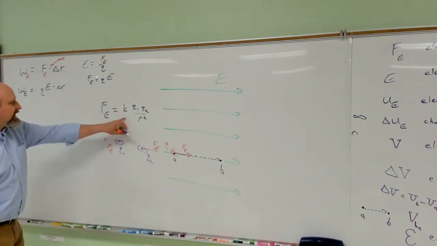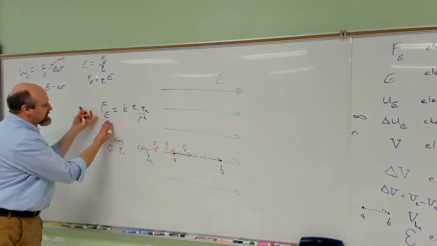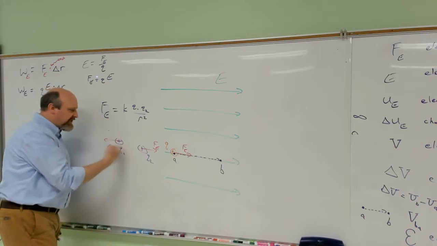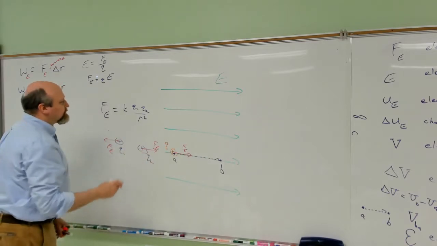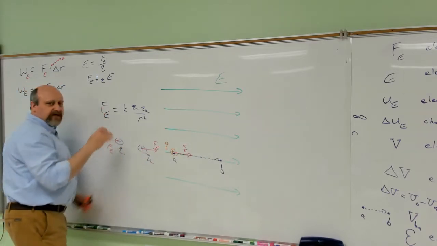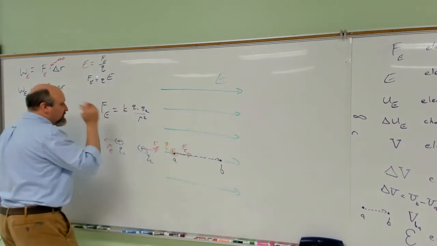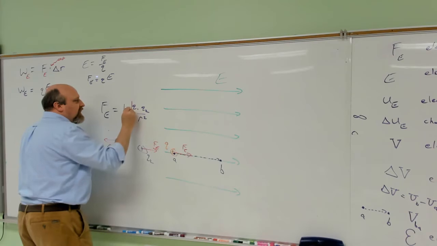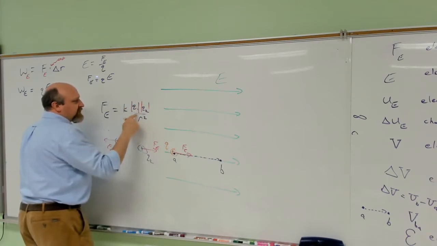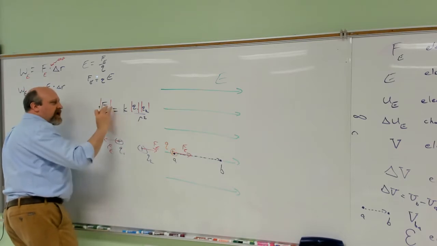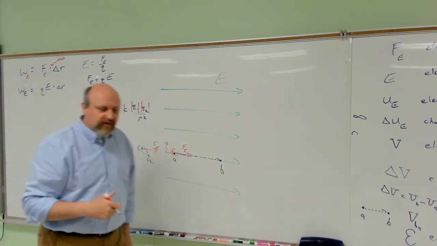This equation can't tell you both directions at the same time, right? Whether a force is positive or negative, it tells you direction, but it can't do both at the same time. So we recognized that this equation can only tell us the magnitude, the size of the force. It can't tell us the direction. And so whenever I use this equation, I always just use the absolute values of the charges and recognize this was just going to tell me the absolute value of the force, the magnitude of the force.